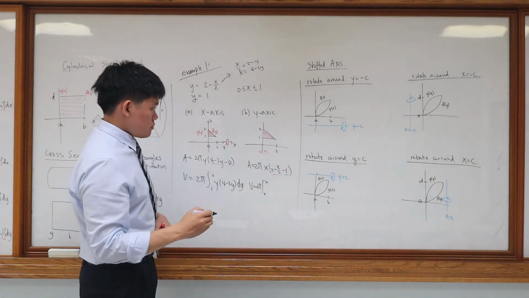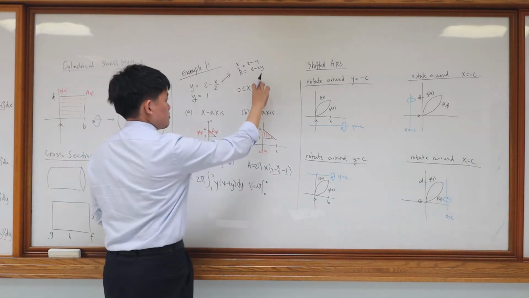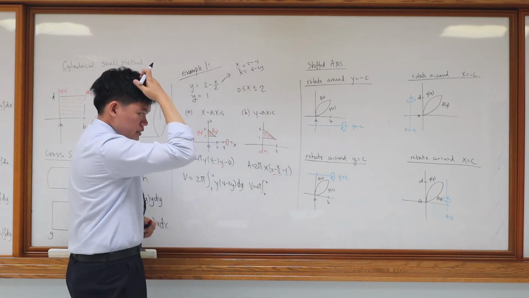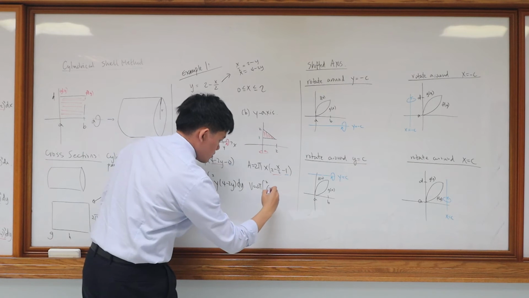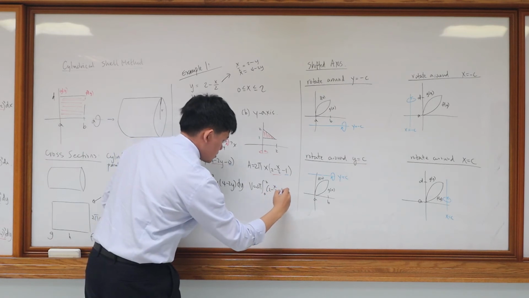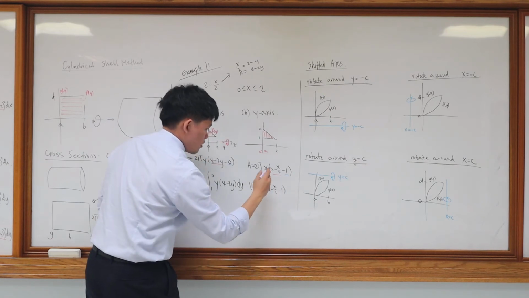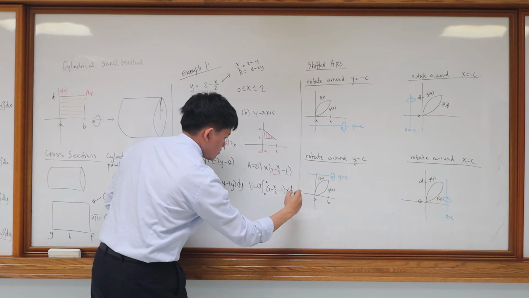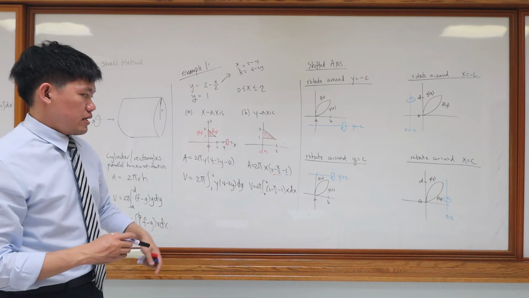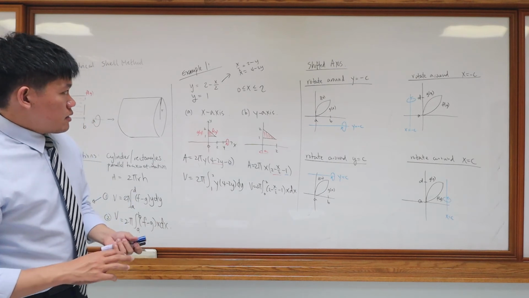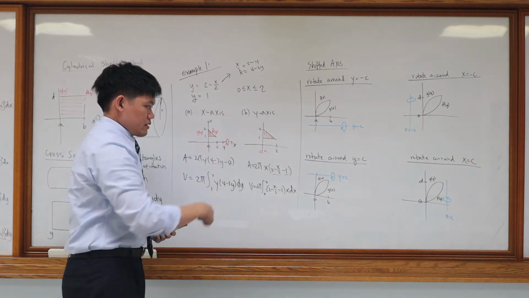Oh, it should be 2, my bad. So in that case, I end up with 2 minus x over 2 minus 1 times my variable x times my variable of integration dx. So that means that these are my answers here. Sorry about that. Just make sure you make that change.